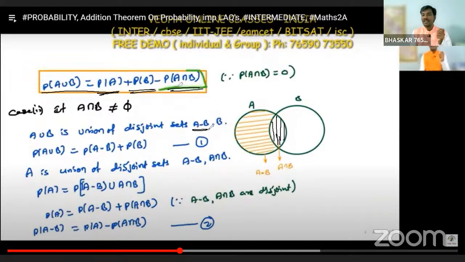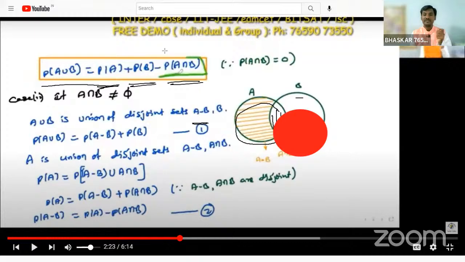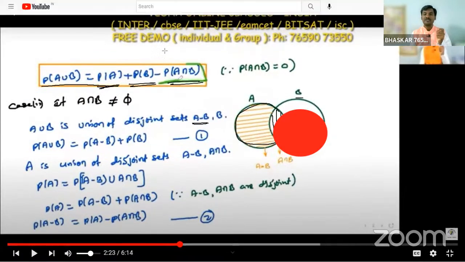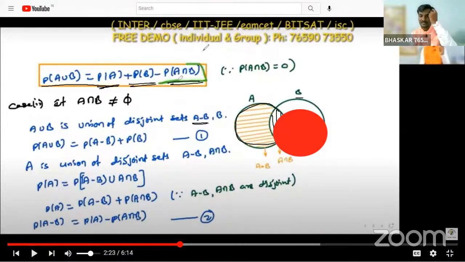Again, A minus B: always remember, this is A, and from A we have to completely subtract B. Even though it is present in A, we have to subtract that part.